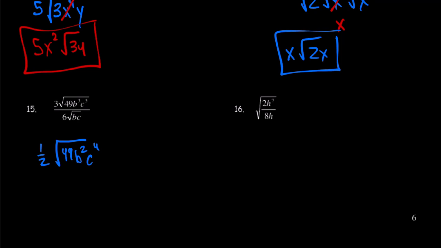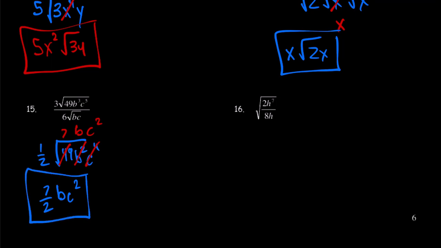Now, it turns out here, everything is a perfect square, right? The square root of 49 is 7, the square root of b squared is b, the square root of c to the 4th is c squared. I'll just take a second to write that out. I'm sure a lot of you can probably do that in your head. That comes out. All of this stuff comes out. So now it's just a matter of multiplying 1/2 times 7, which I'm just going to write as 7/2. Obviously 3.5 if you like decimals, but fractions are good to work with. bc squared.